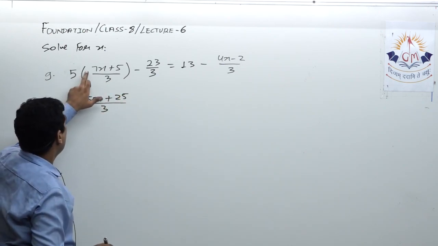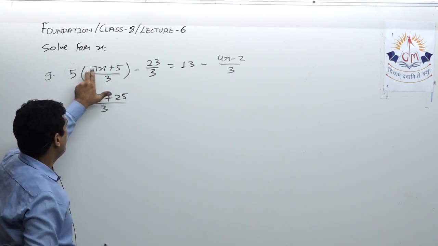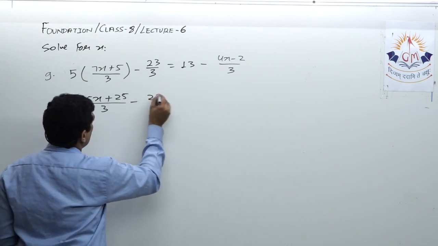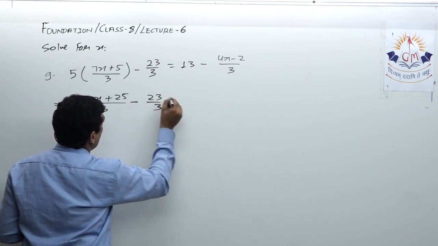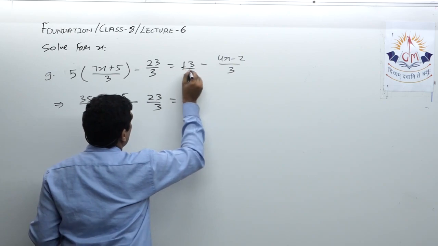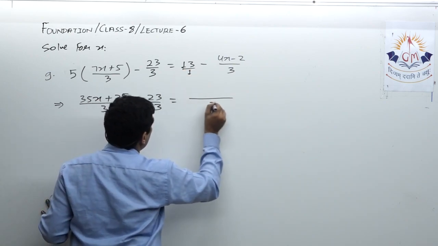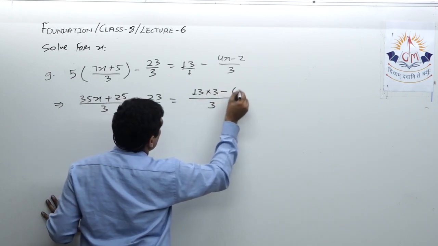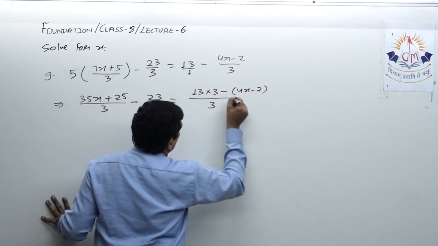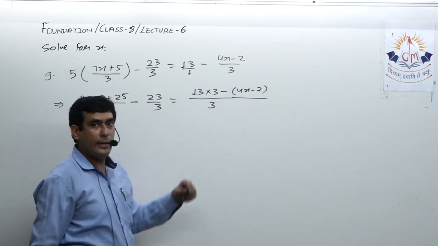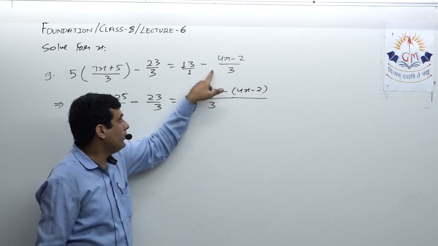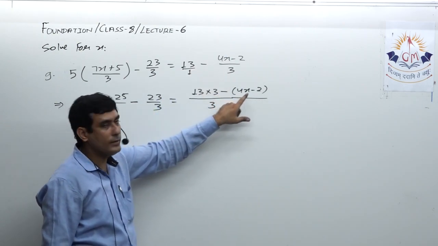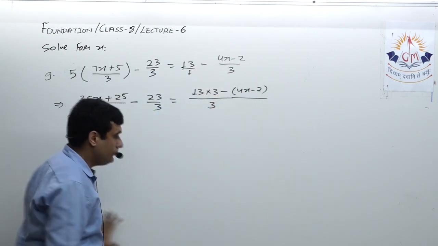Numerator is multiplied by 5, so 5 into 7, 35x, 5 into 5, 25, minus 23 by 3 is equal to, here the denominator is 1, so the LCM will be 3. So 13 into 3 minus (4x minus 2). Again you have to take care about the bracket, because there is a minus sign outside the bracket, and if you write the terms directly you won't get the correct answer.